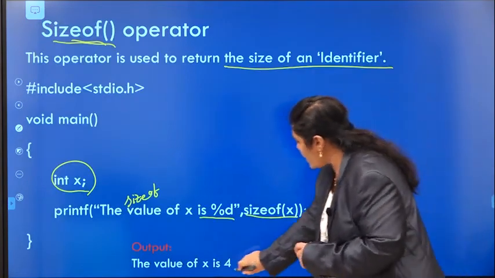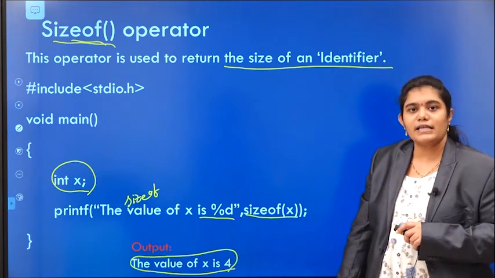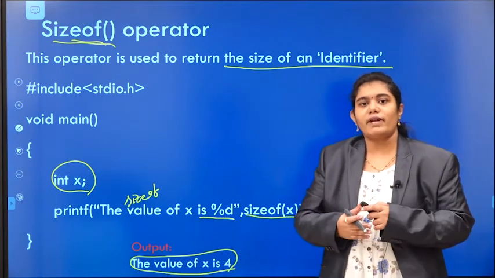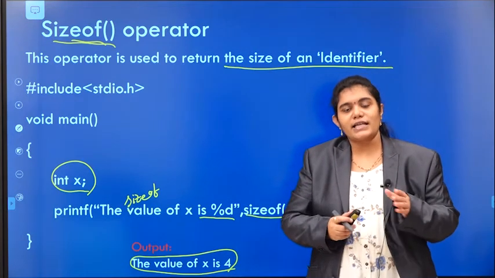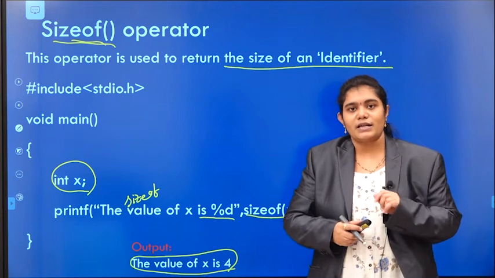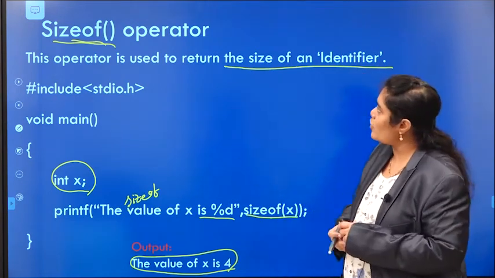What is the output? The size of x is 4. In our advanced machines, the size of an integer is 4 bytes, and the size of a short is 2 bytes. That is about the sizeof operator.